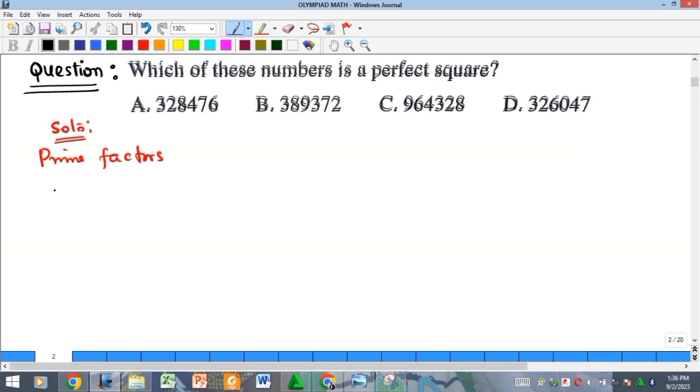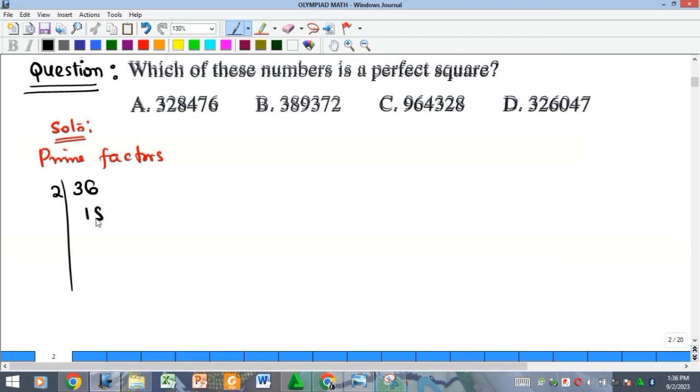For instance, let's use a number like 25. Let's not use 25, let's use 36 for instance. 36 is a perfect square. The usual approach is to express it as a product of prime factors, which you do by starting a division with the smallest prime factor, which is 2.